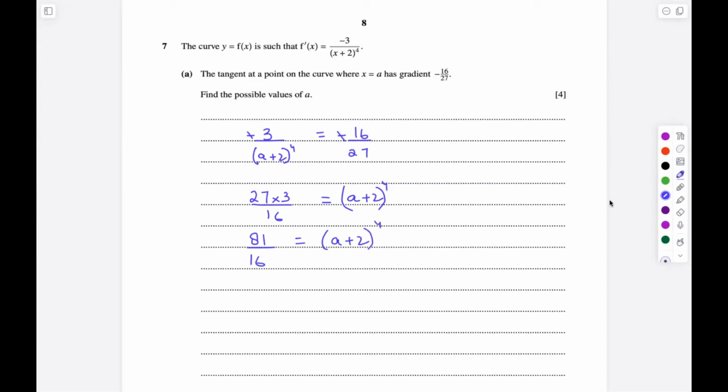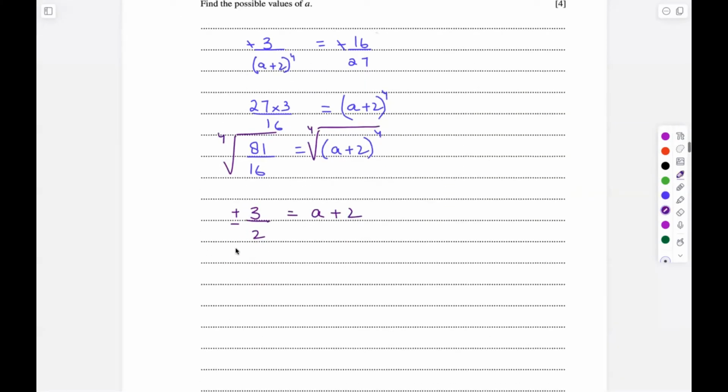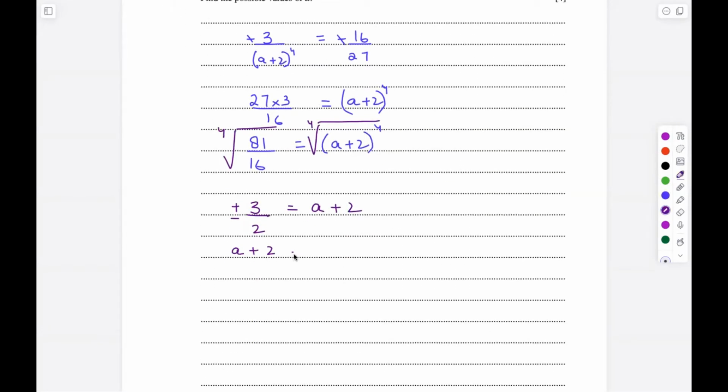Now taking the fourth root on both sides to get rid of the power 4. The fourth root of 81 will be 3, and for 16 it will be 2, and it can be a plus minus sign as it is asking for the possible values of a. So first taking a plus 2 equals 3 upon 2, and taking a plus 2 equals minus 3 upon 2.